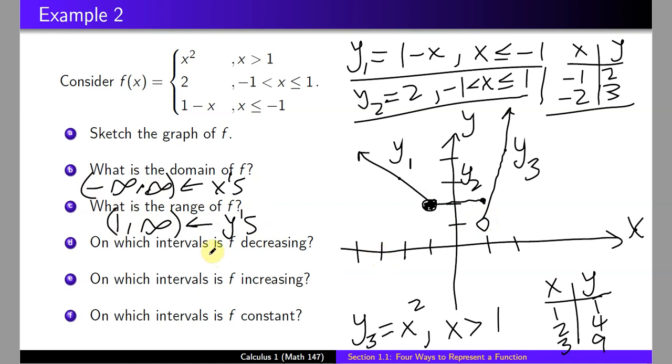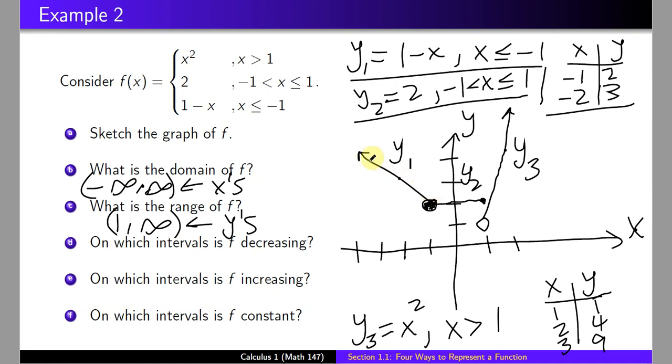Okay, on which intervals is f decreasing? Okay, so this can be a little bit tricky just in terms of what this is asking for. It's pretty easy once you understand what it's asking for. So here's how we figure this out. On which intervals, this is asking for which x values on the graph of f are the corresponding y values decreasing.